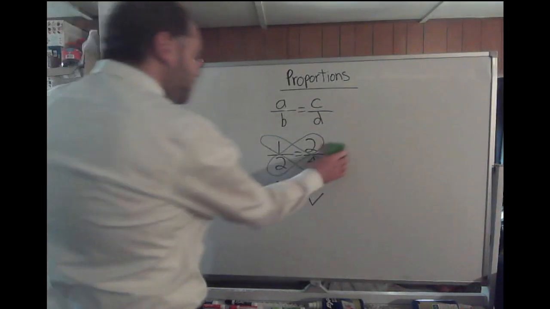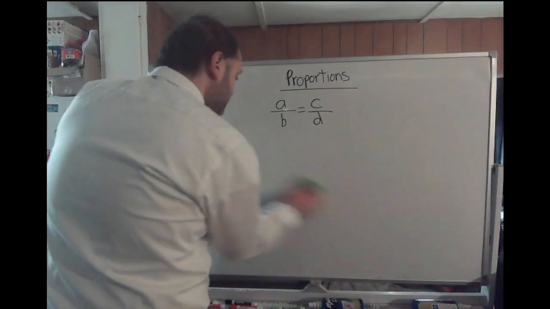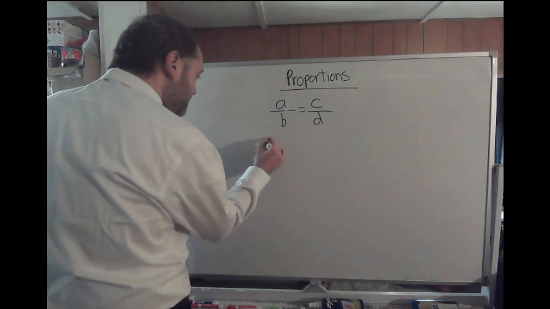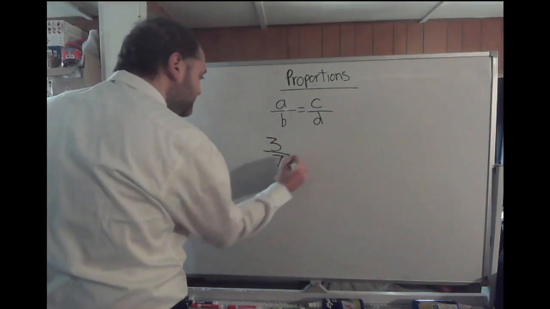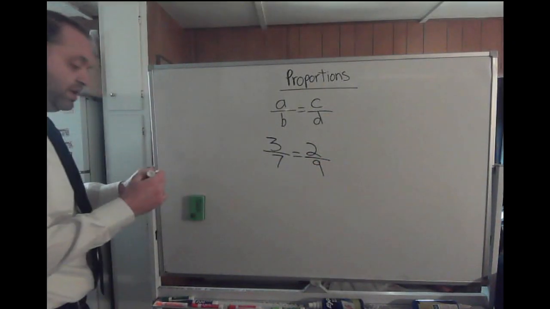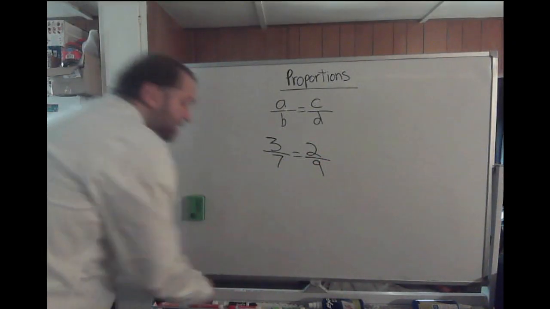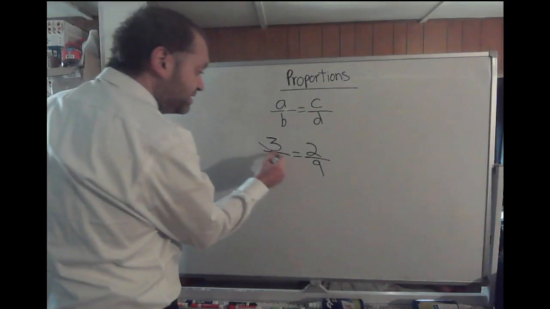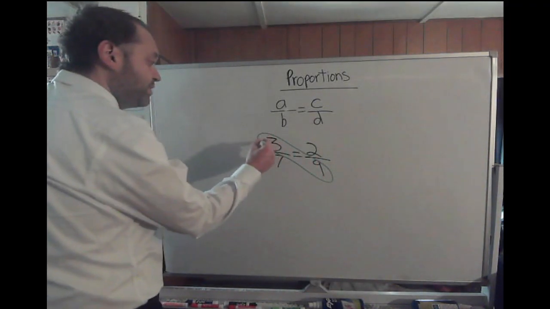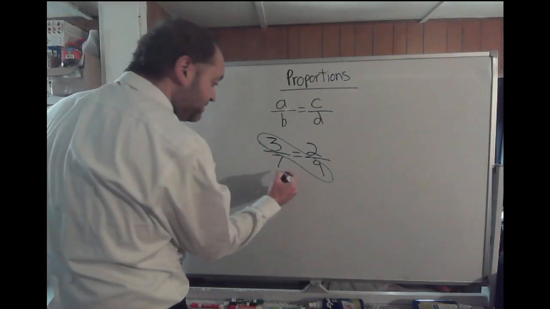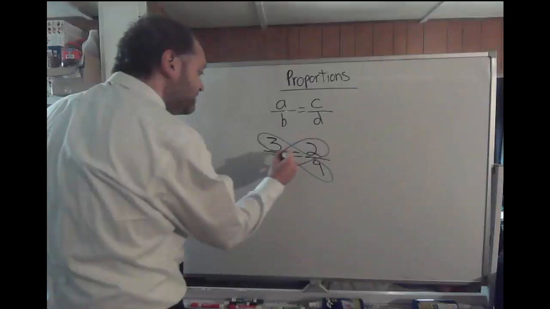Let me illustrate with something, for example, here. Let's do 3/7 equal to 2/9. At first glance, it would look like a proportion, wouldn't it? Because you have two ratios set equal to each other. But take the product of the means, which would be the 3 and the 9, set that equal to the product of the extremes, which would be the 7 and the 2.